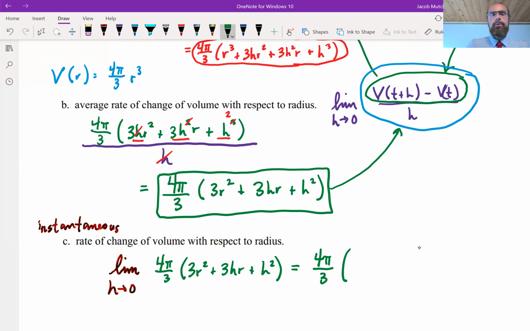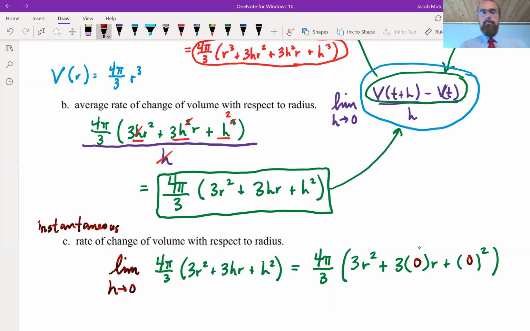I'm not doing anything when I see r. Really what I'm substituting is 0 for h. So r squared. The second term does have an h factor, so we'll substitute in a 0 there, times r plus, and then the last term is h squared, and we'll substitute that in as well.